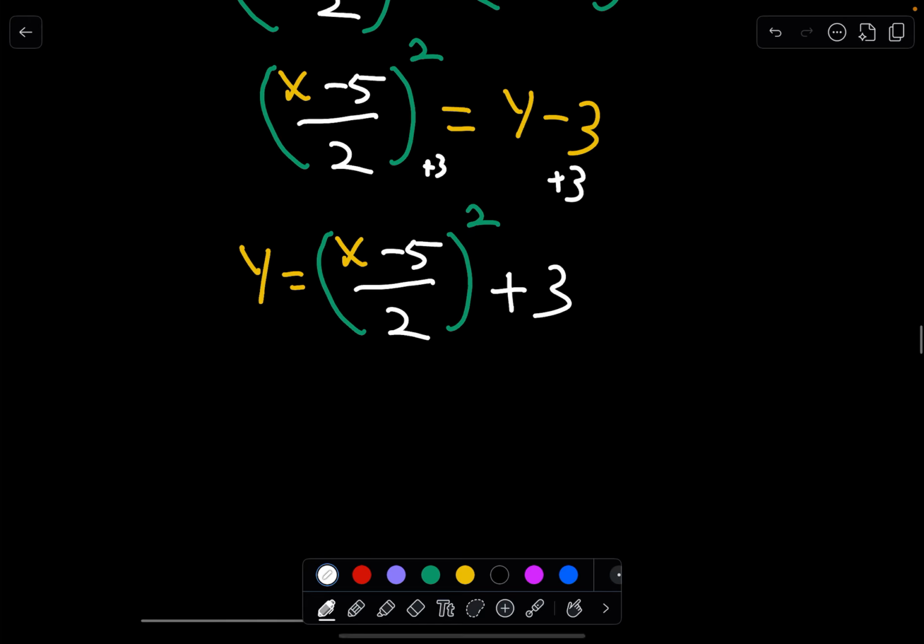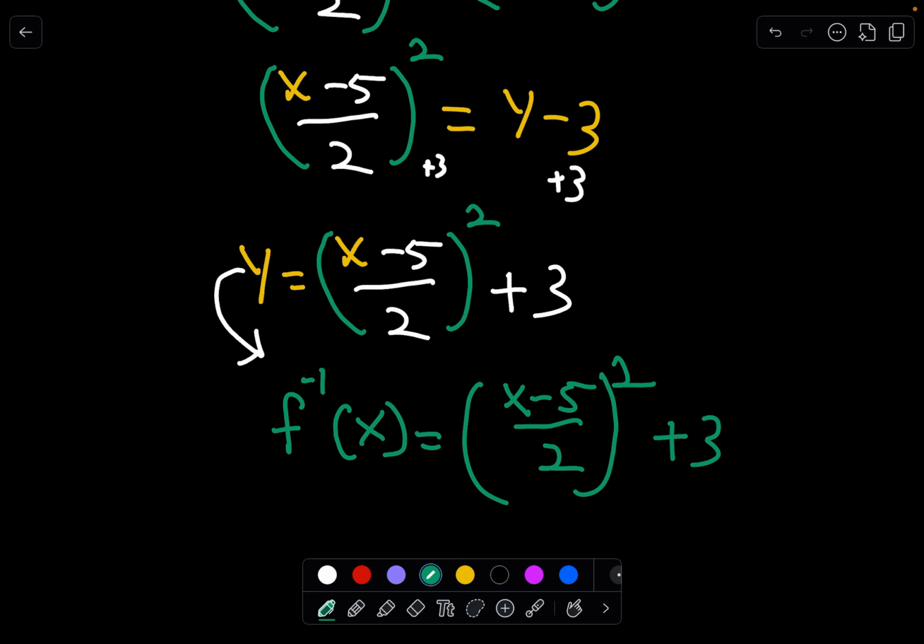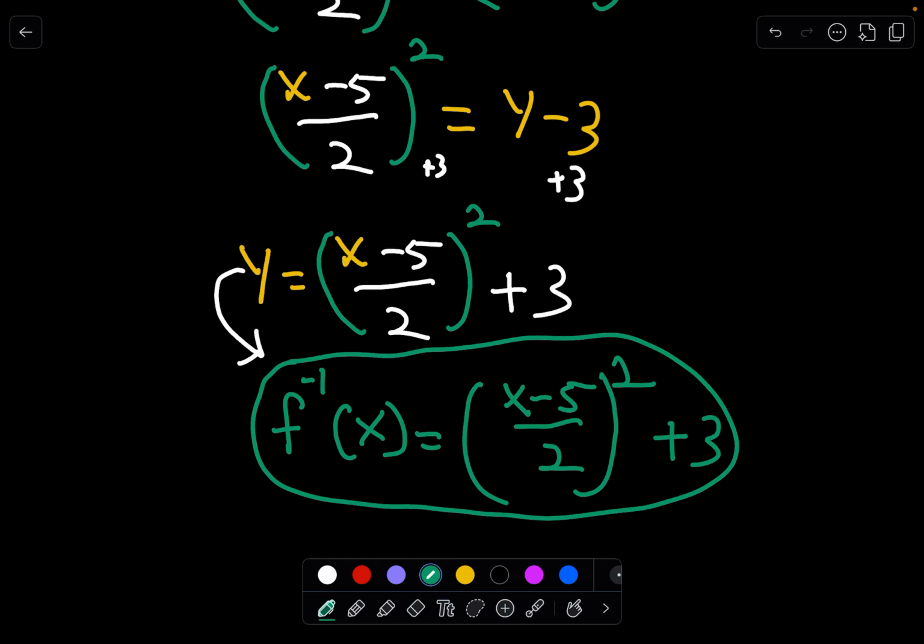So the last step will be change this y into the function notation for the inverse, which is f to the negative 1. The f inverse of x equals x minus 5 over 2 squared plus 3. This is the inverse of the original square root function. Okay? Yes, lots of steps.